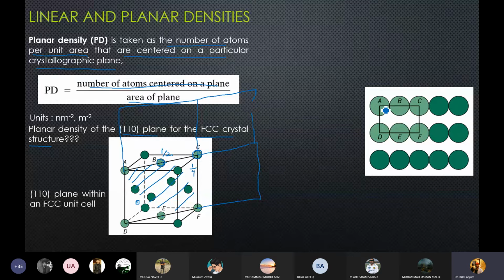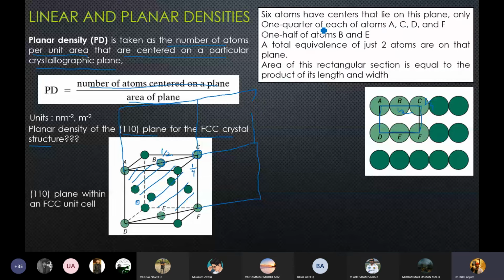The contribution of the corner atoms would be 1/4 and the contribution of central atoms would be 1/2 towards the plane in this unit cell. So it says 1/4 of each atoms A, C, D, F and 1/2 atom B. They would contribute to this plane in this unit cell. So the equivalent of 2 atoms are on that plane.